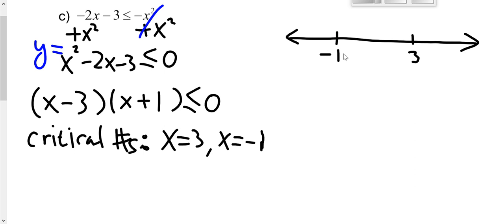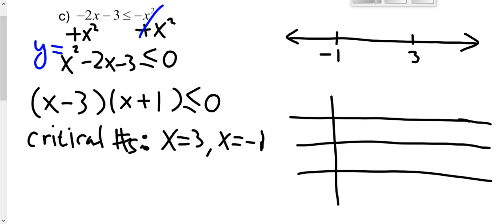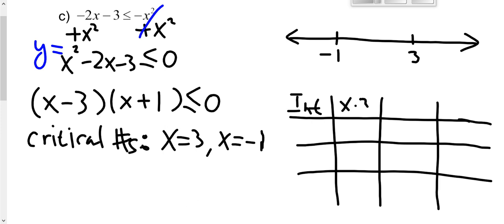So let's set up the interval chart, and then put down the factors. So my factors are x minus 3, x plus 1, and then of course the final result, the combined result, the final product, you can put down f of x, or if you want, you can put down y, doesn't matter.